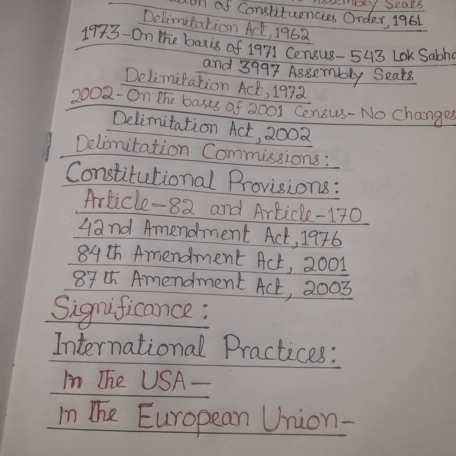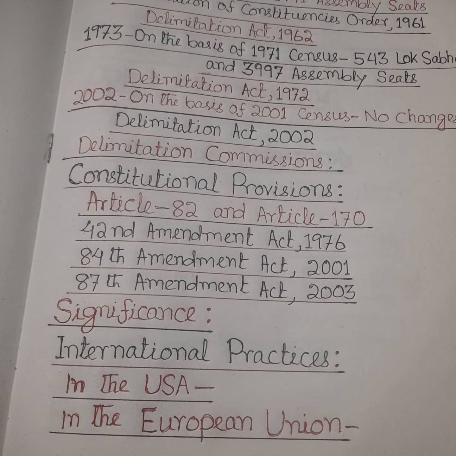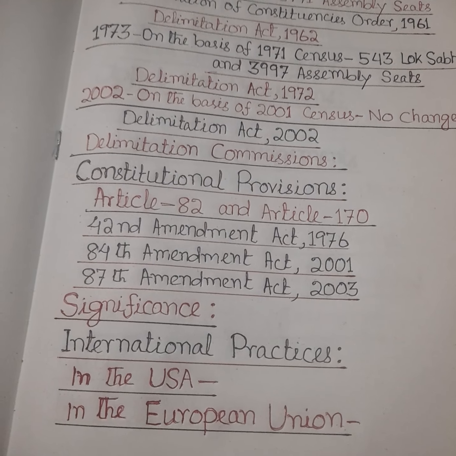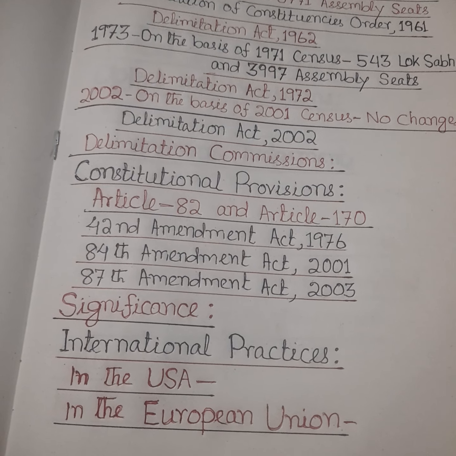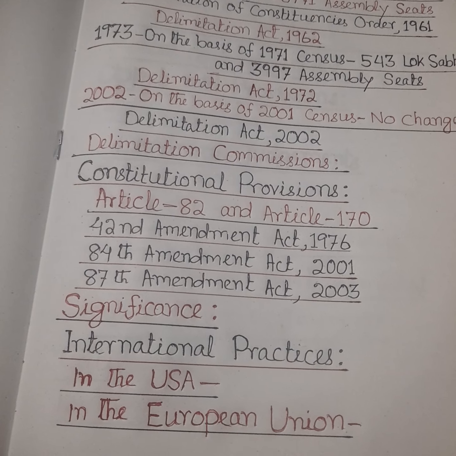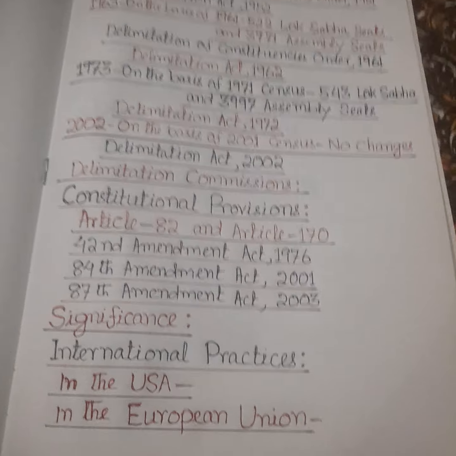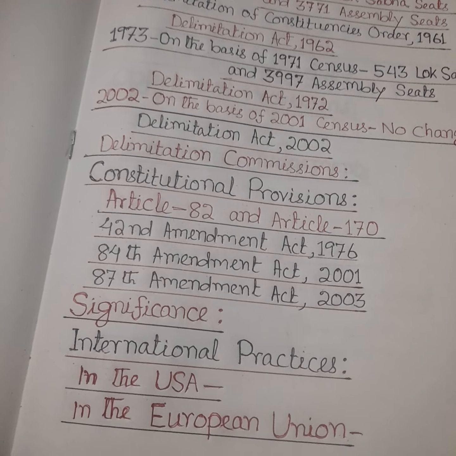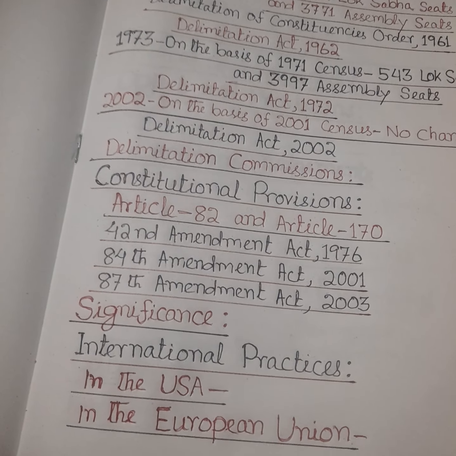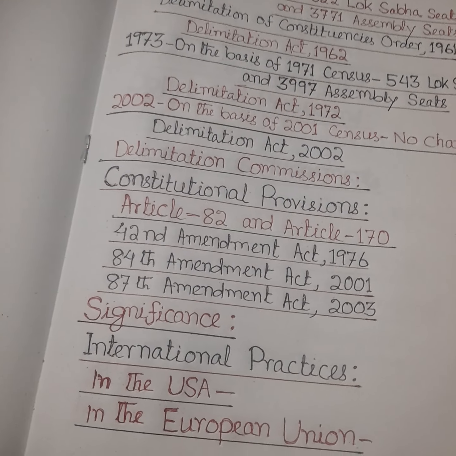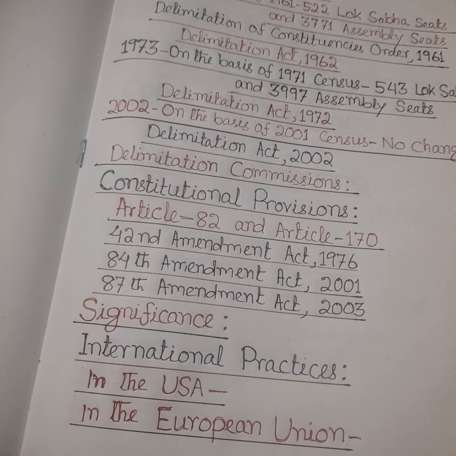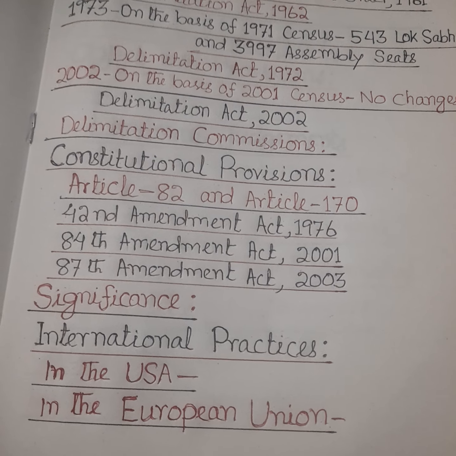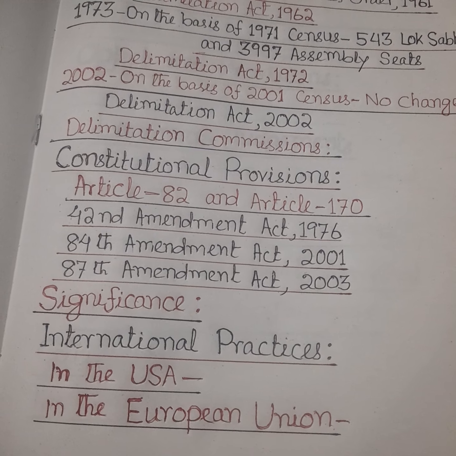And the international practice that we found regarding delimitation in the European Union: in the European Parliament, which consists of 720 members, the number of seats is divided between 27 member countries based on the principle of degressive proportionality.